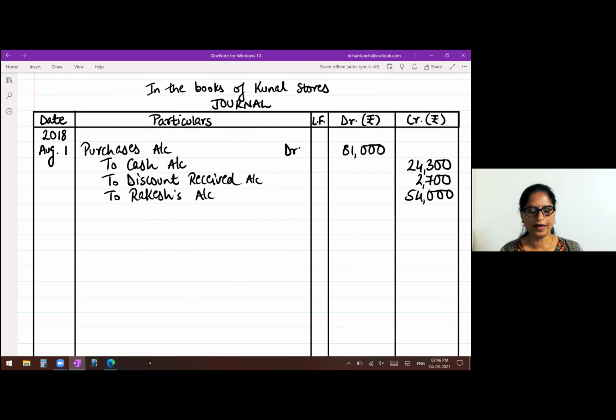So if you see that total will come to 81,000. Okay, so cash is there 24,300, discount 2,700, and the balance is on credit. So it is to Rakesh's account.